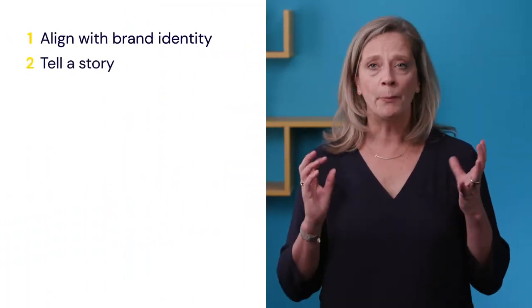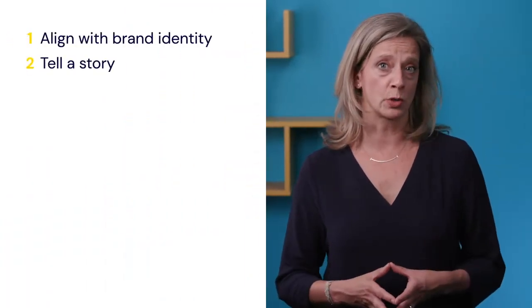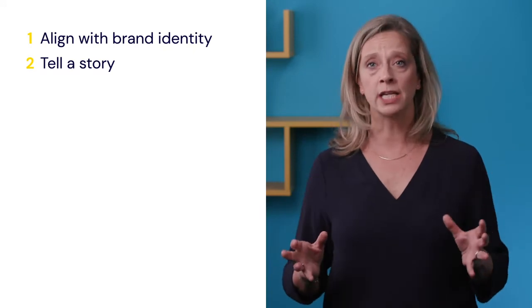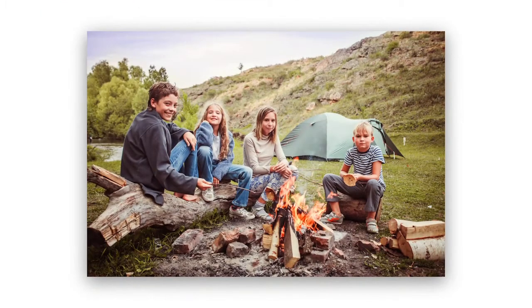As we mentioned in our last video, stories are a powerful way to get your message across, and images are great to support your story. For instance, if you're posting about summer camp for kids and how great your camps are to help kids unwind and make new connections, you can support your story with a picture that really captures the essence of that story. To do that, you want to make sure that your photo is going to communicate a clear story and is easy to understand.